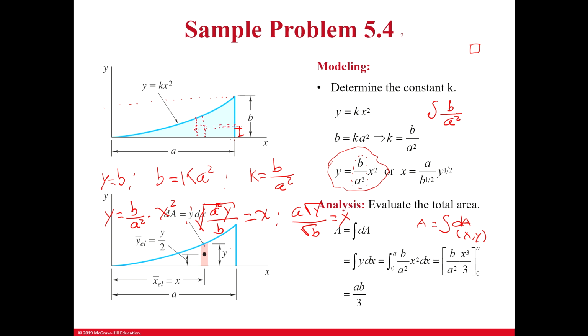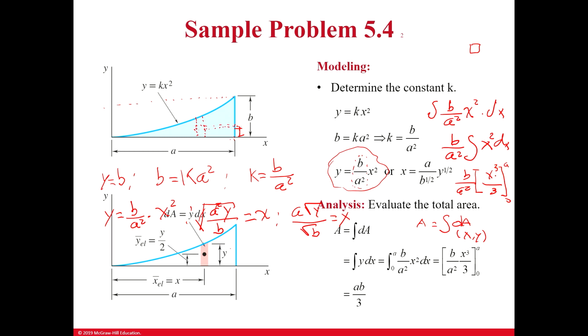We compute this, and x squared dx, right? So this is constant times x squared dx, and integrating this, you know how to integrate this part. It is b over a squared and x cubed divided by 3, evaluated in x from 0 to a.